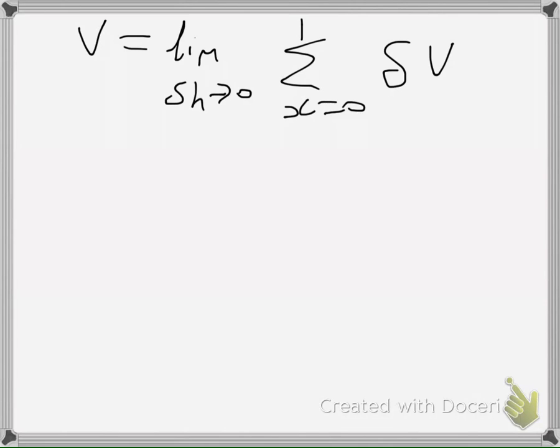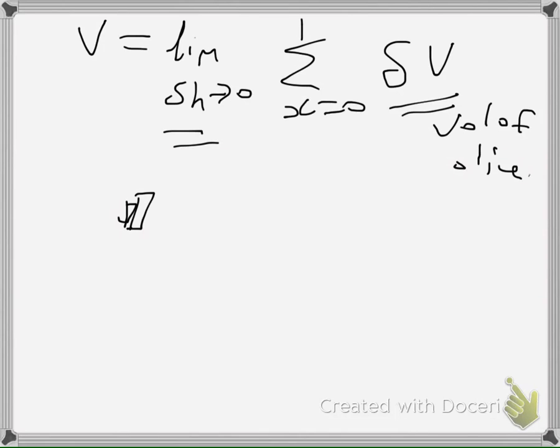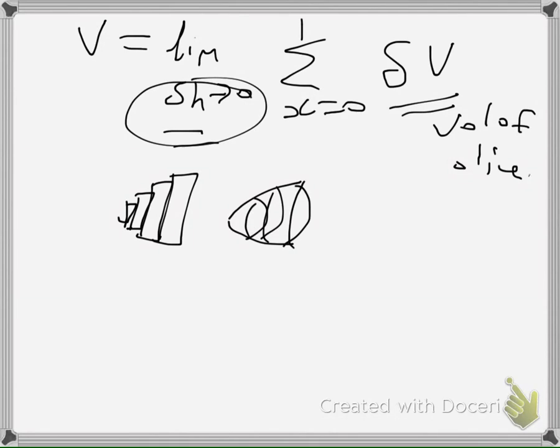So that's the volume of a slice. And we're taking the limit as the thickness of those slices goes to 0, so it turns something that might look like this, and summing them up, into something that looks like this, and summing those individual volumes up. That's basically what this limit bit is doing.